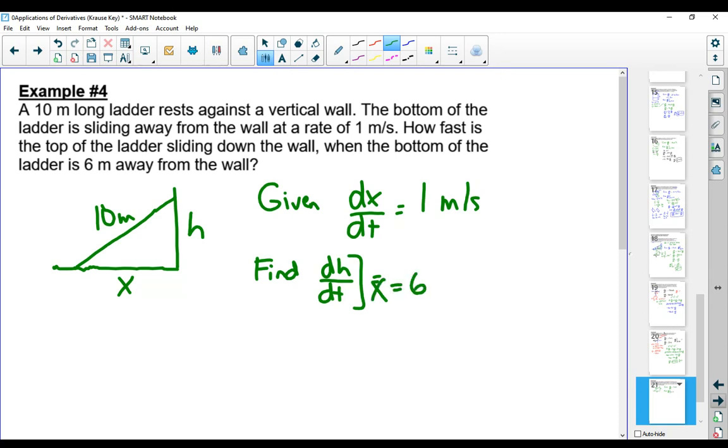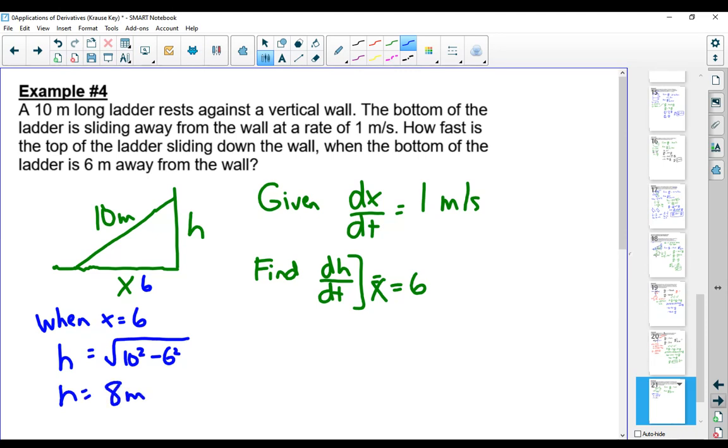So again, in order to do this question, we have to figure out what the values are when x equals 6. When x equals 6, our h would be the square root of 10 squared minus 6 squared, which would be 8 meters.